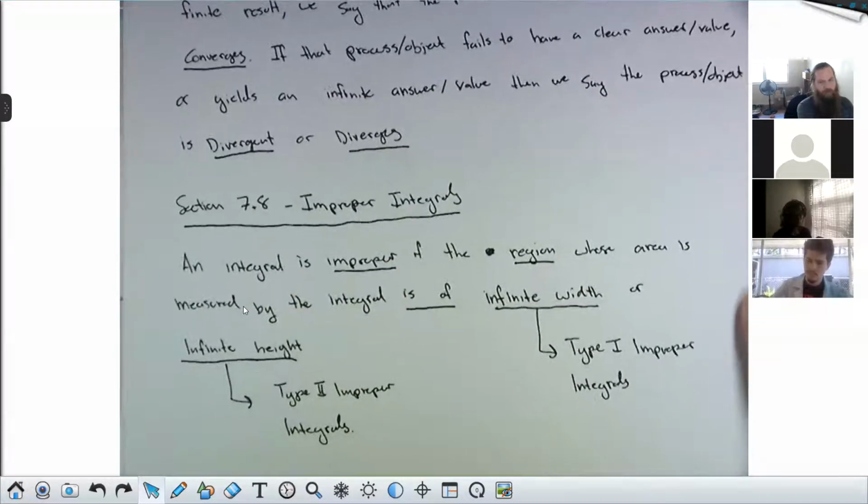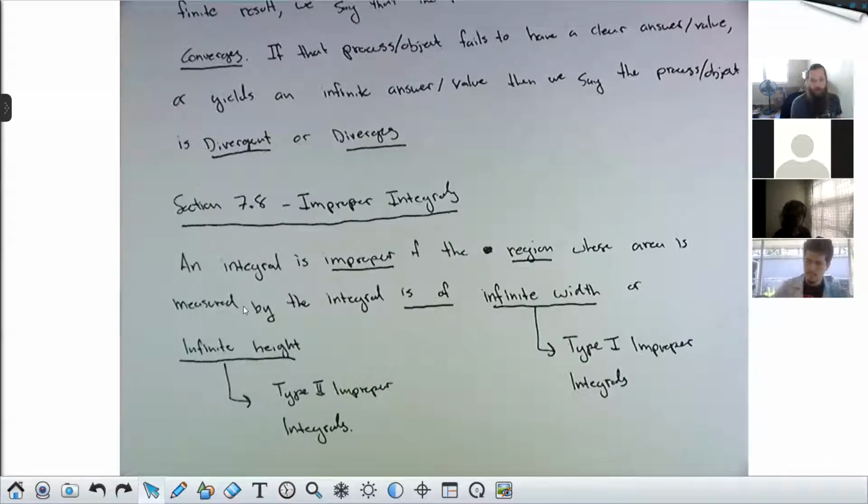And this definition is an intuitive one, in terms of geometric concepts. I will give you a strict definition in terms of algebra and calculus, but this is what you should keep clear in your head. If the region whose area is being measured is infinitely wide, then you're talking about a type 1 improper integral. And if the region being measured is infinitely tall, then you're talking about a type 2 improper integral.